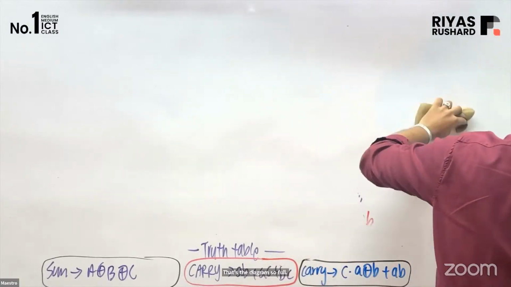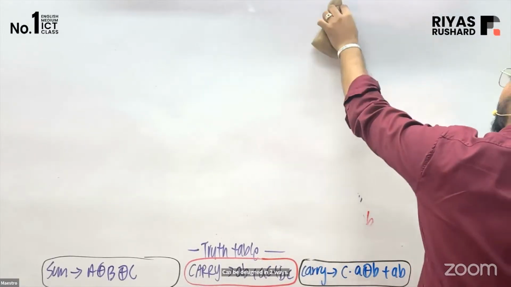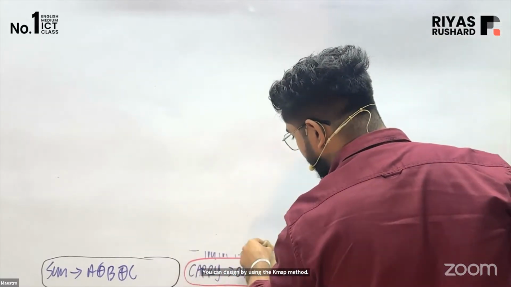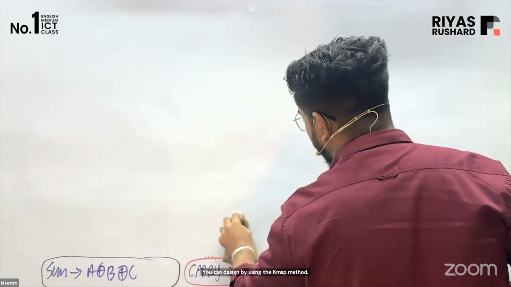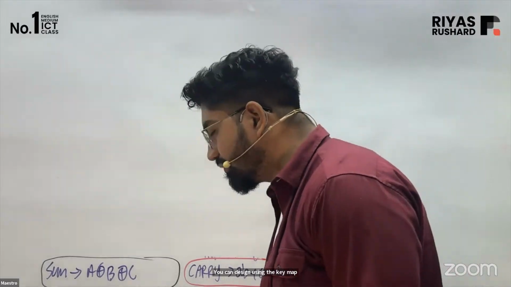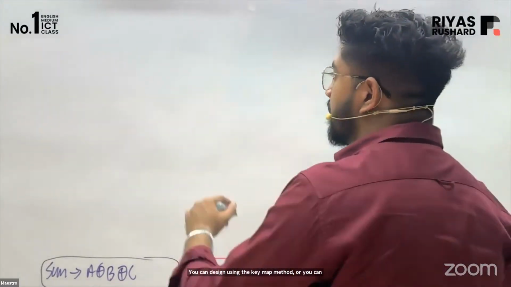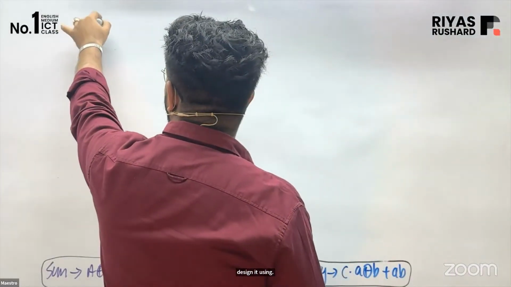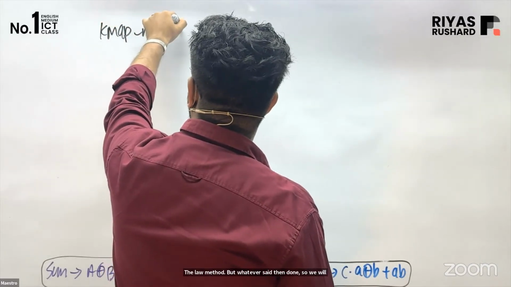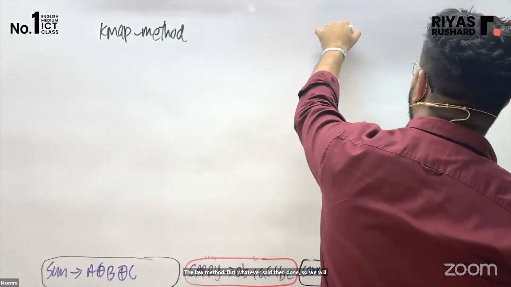You can design it using the K-map method, or you can design it using the law method. But whatever said and done, we'll say the K-map method. So this is the law method.